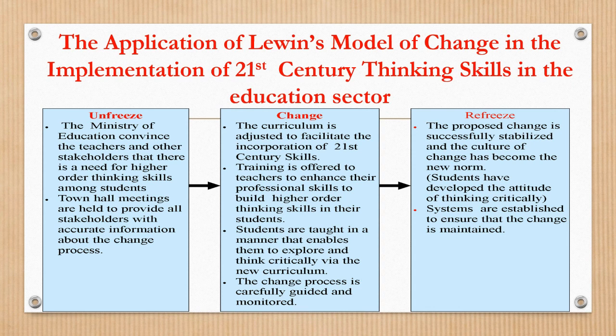They went ahead and had town hall meetings to provide all stakeholders with accurate information about the change process. This is where, during the unfreezing stage, the ministry is ensuring that everyone has an understanding of the change, the need for the change, and what the change should bring.